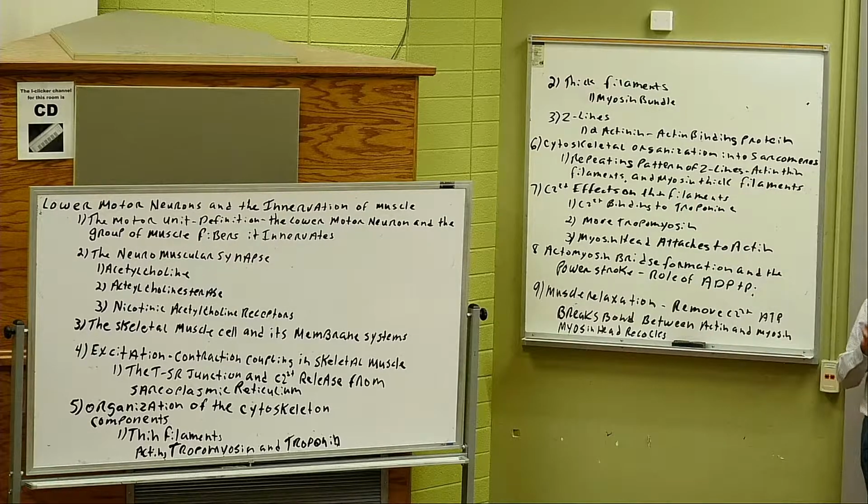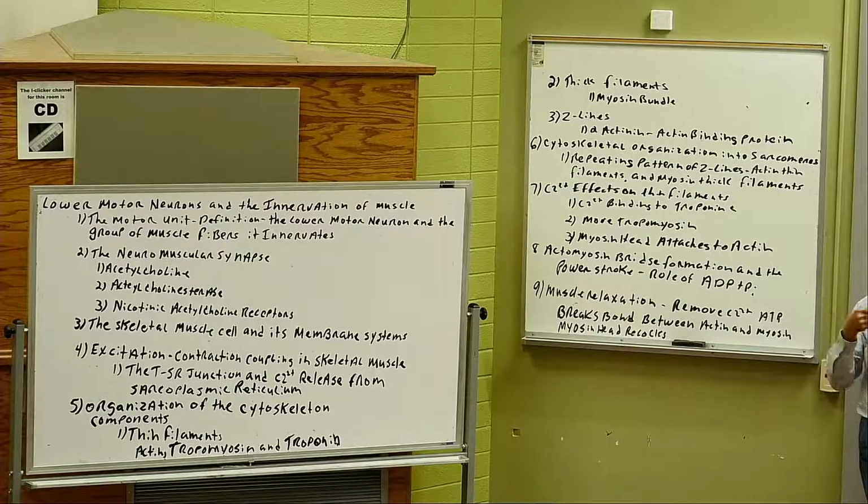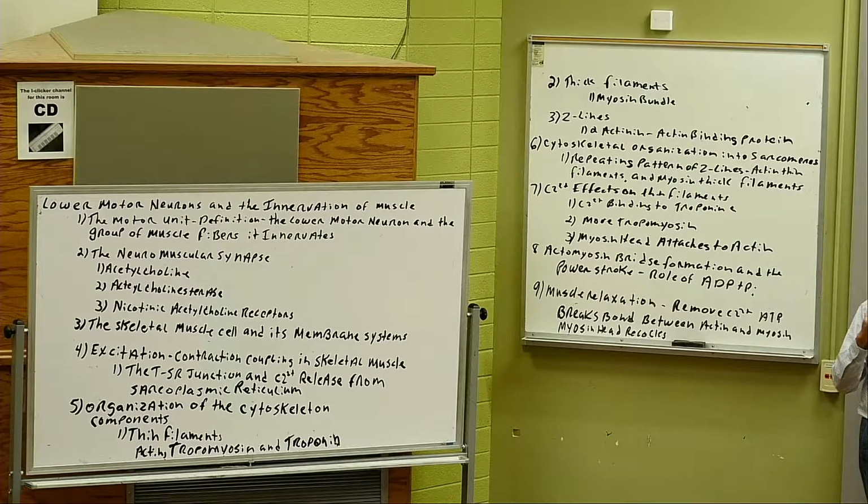The sarcomere is a subcellular structure that's highly organized, and it's organized at its ends with alpha-actinin. And in between, there'll be actin thin filaments attached to the alpha-actinin and myosin thick filaments between the actin thin filaments.